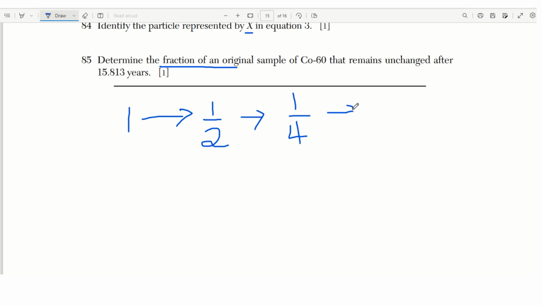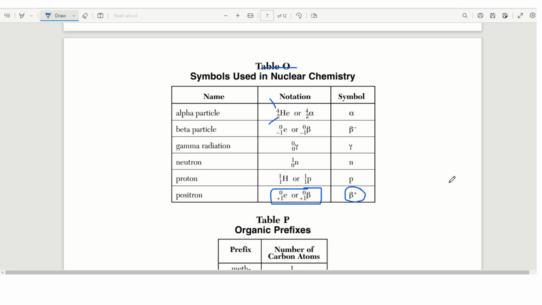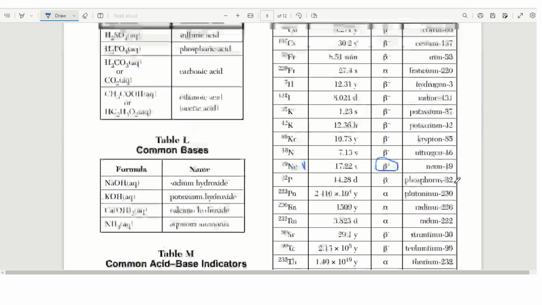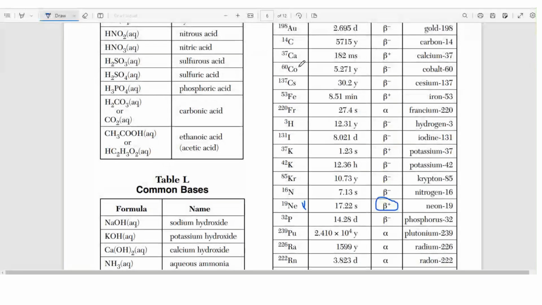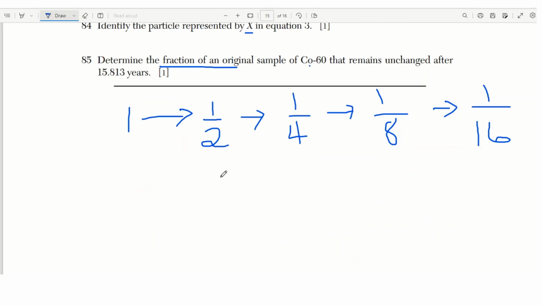After 3 half-lives, I have an eighth. After 4 half-lives, I have a 16th, and it would continue. But let's look up cobalt-60. Where do I go? Table N. So here we go. Cobalt-60 has a half-life of 5.271 years.